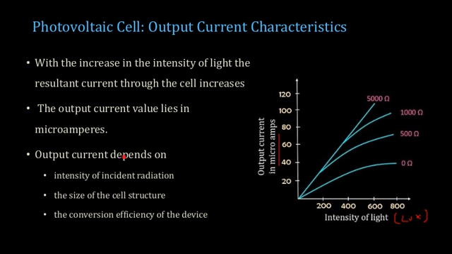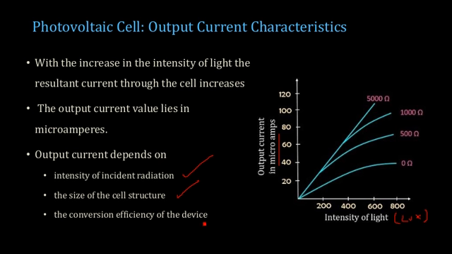Now the output current depends on the intensity of the incident radiation, the size of the cell structure, that is, you are able to create different types of cell structure based on different manufacturing processes. So the output current also depends on that, and also the conversion efficiency of this particular solar cell.